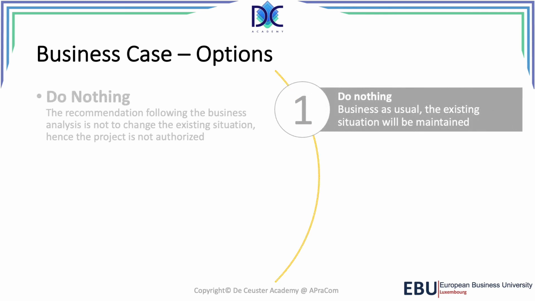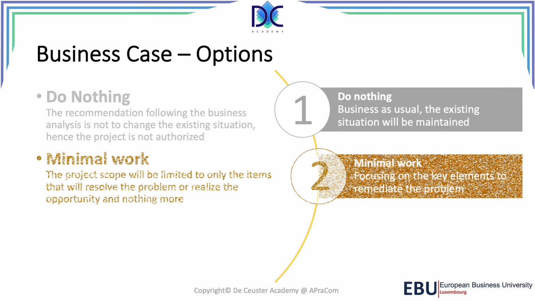With the business case, we have different options. First of all, do nothing. It means that we will not follow the business case. We will say that the existing situation will be maintained for any reasons, could be risk, could be financial. We also have minimal work. Minimal work means that we are focusing on the key elements to remediate the problem.